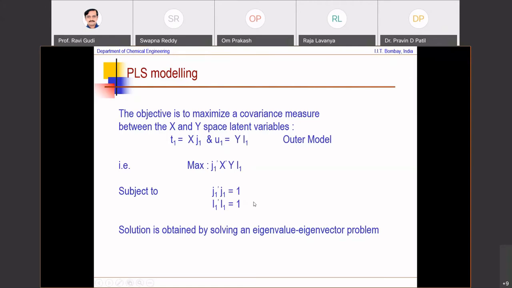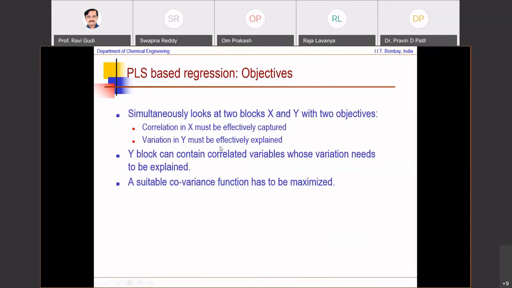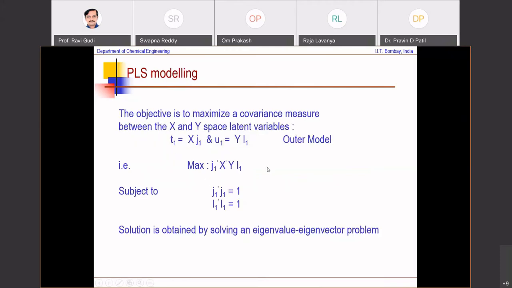I pose this because, when I do it in this manner, I can make sure that the first linear combination of X and Y is aligned with the objective. What is that objective? Correlation in X must be effectively captured and variation in Y must be effectively explained. If I solve this optimization problem, I will be able to obtain T1 and U1.